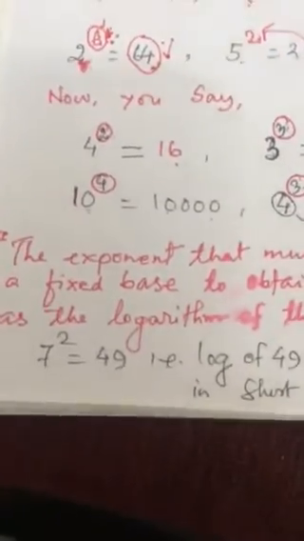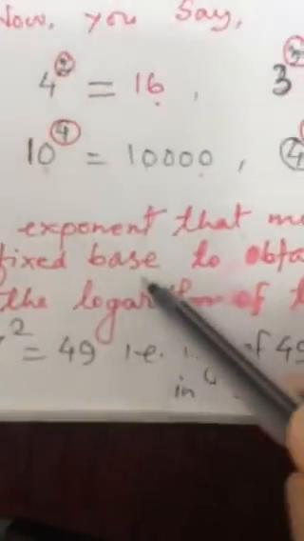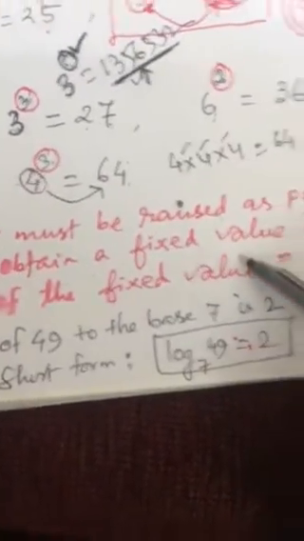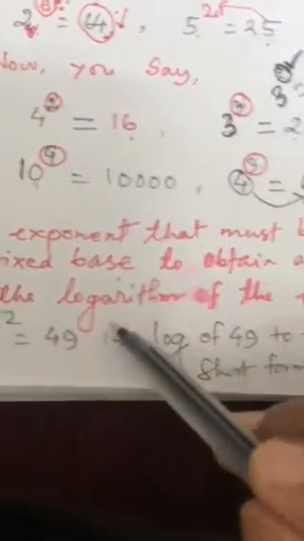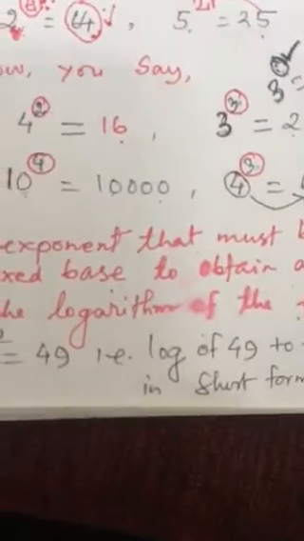By doing so many examples we have got one definition: the exponent that must be raised as power to a fixed base to obtain a fixed value is known as the logarithm of the fixed value.